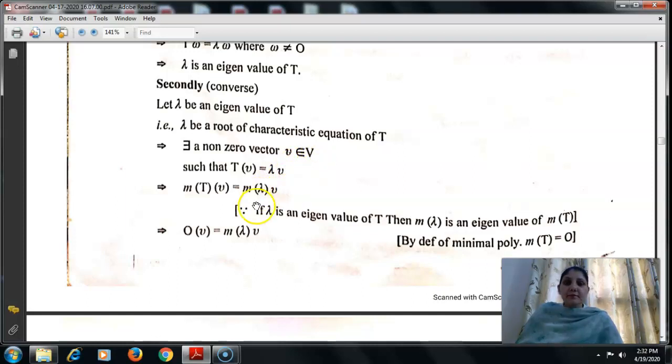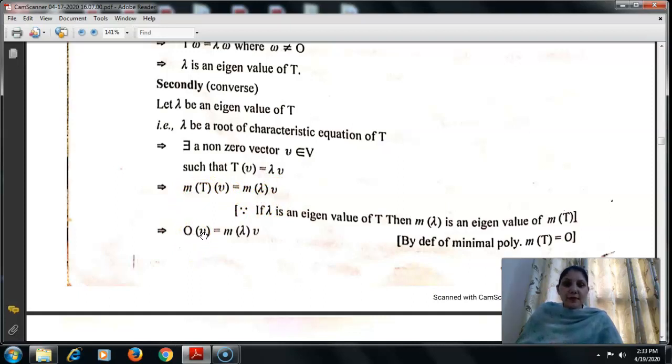Fine. And because lambda is an eigenvalue of t, then m lambda is an eigenvalue of mt. Okay, this condition is always true. Whenever you take lambda an eigenvalue of t, then m lambda will be an eigenvalue of mt. You can easily check this. This is a very simple proof. So mt v is equal to m lambda v. But mt will be 0 because t satisfies the minimal polynomial, right?